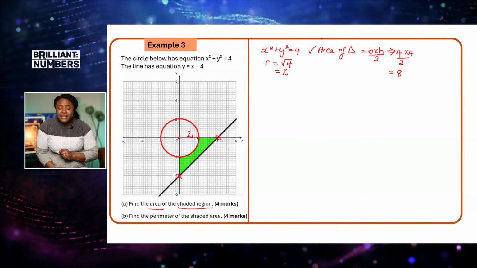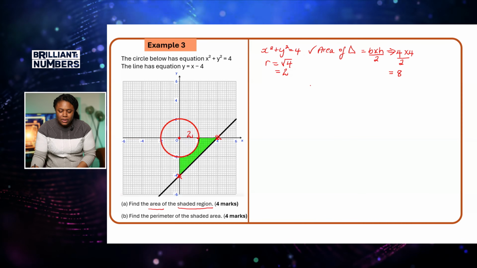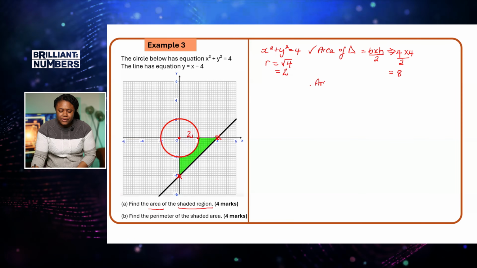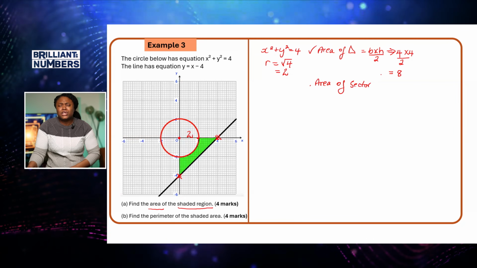Now I need to find the area of the sector. Beautiful. So we write area of sector. We know a sector is just a fraction of the entire circle. We have two approaches here. One, we can find the area of the complete circle and then recognize that the sector here is just a quarter and divide by 4.